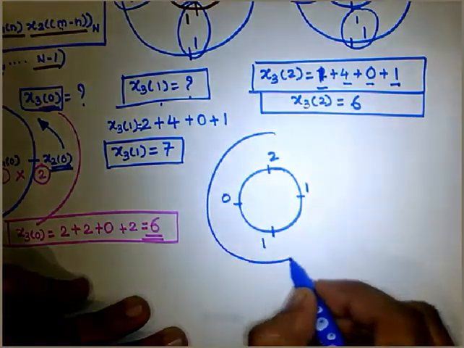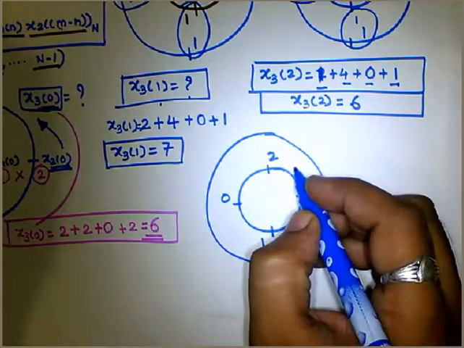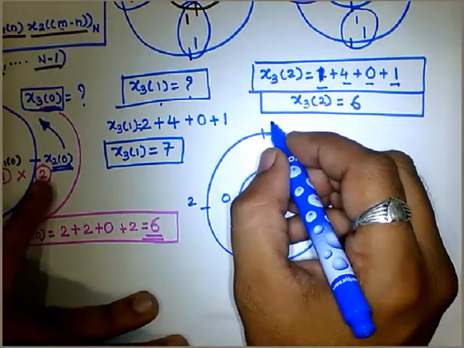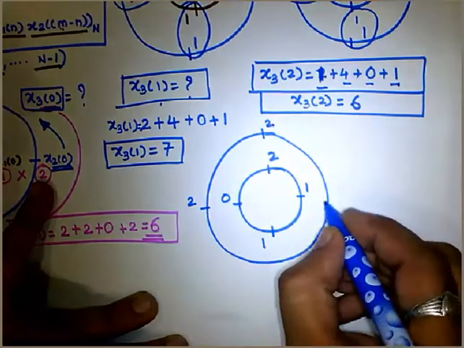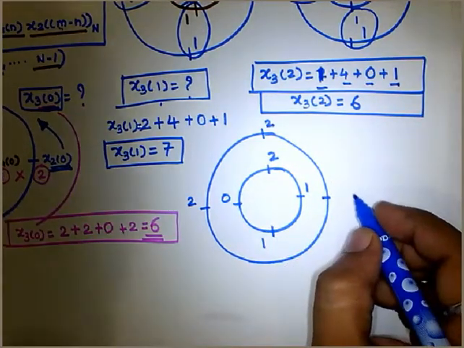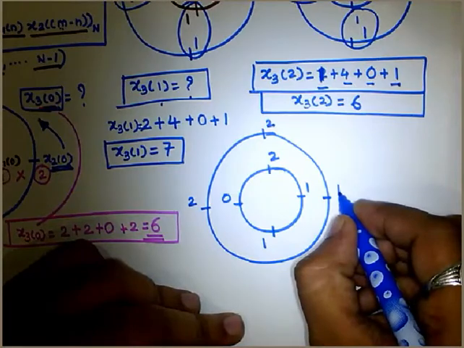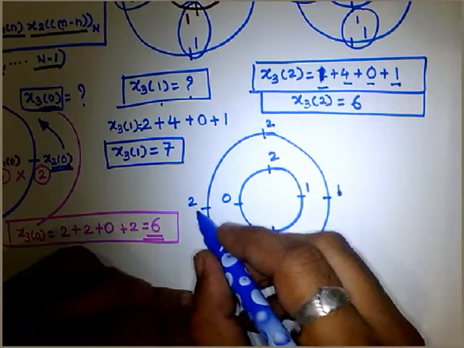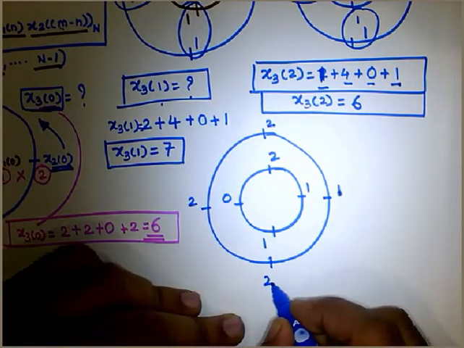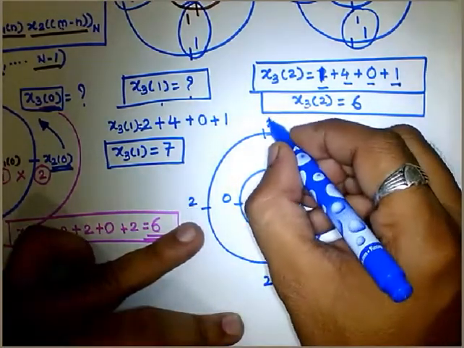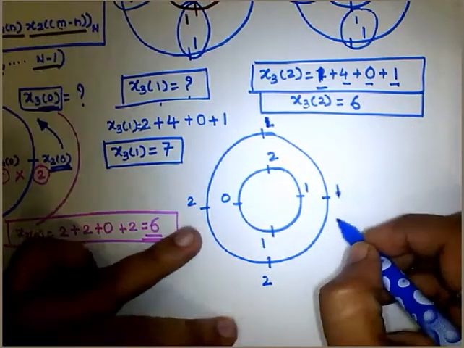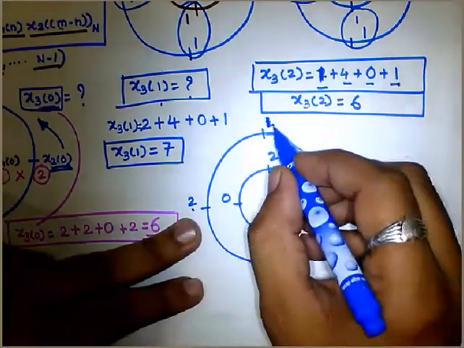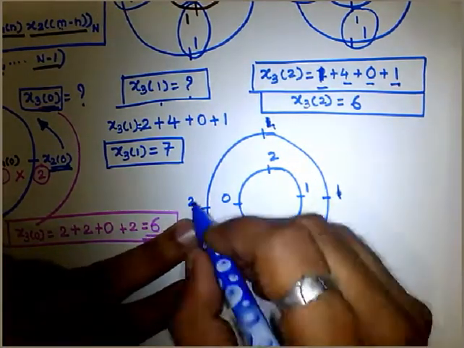The outer circle will be delayed by 1, meaning this sequence will be x2 of 0, this is x2 of 1, this is x2 of 2, and this is x2 of 3, with values 2, 2, 1, 1.